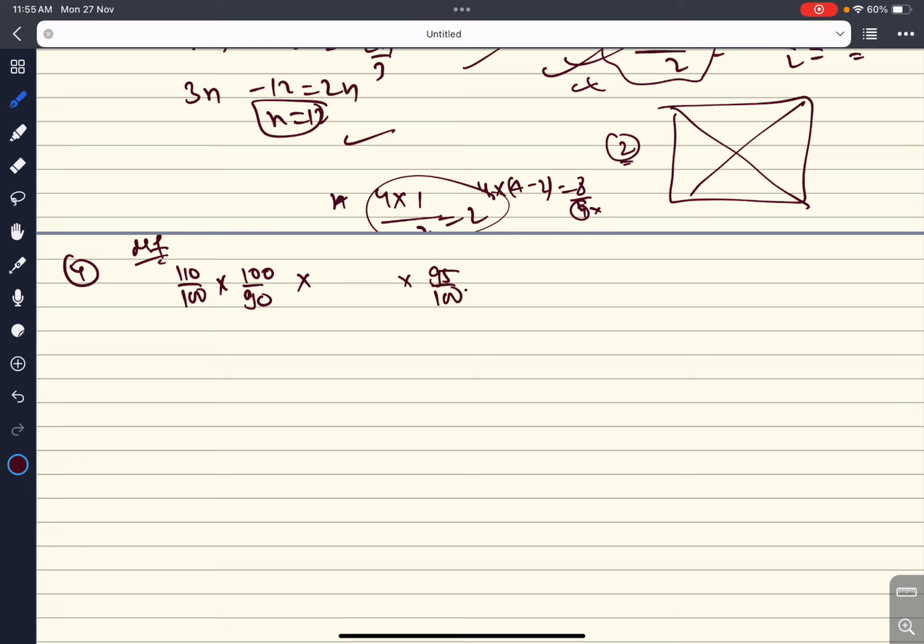So 110 by 90 into 95, and one more quantity was given. The answer came out to be 1.155, so the profit percentage will be 0.155, which is 15.5% profit. One more multiplying factor was there, he did not tell me exactly. Anyway, this is done.